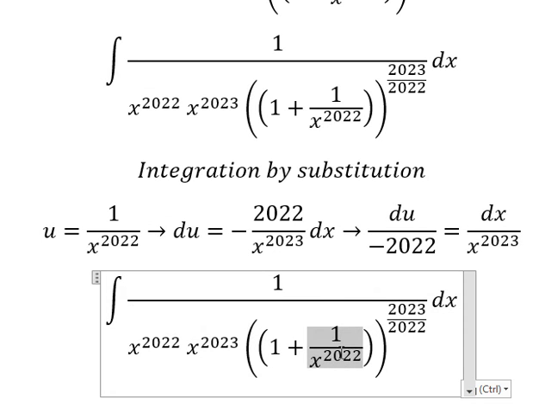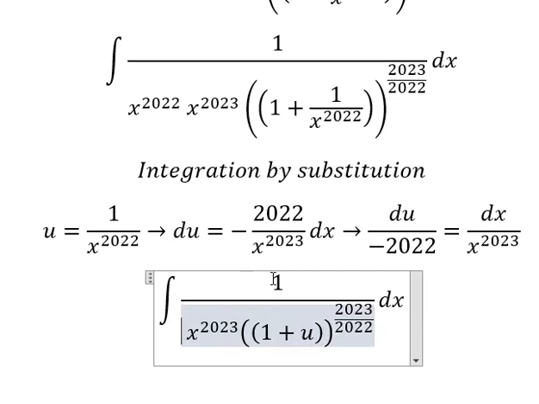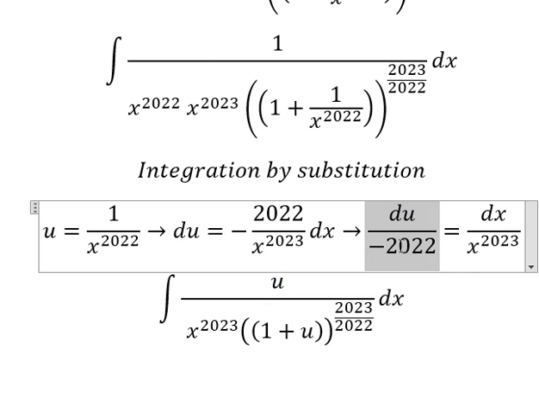So this one we change by u, and 1 over x to the power of 2022 we change by u. The x over x to the power of 2023 we change by this one.